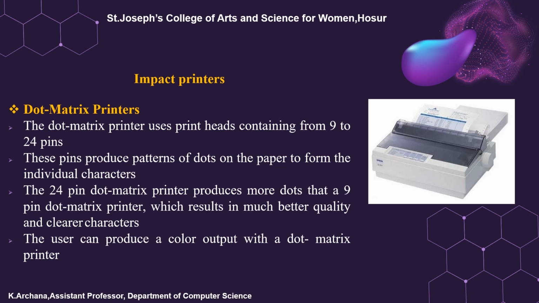The 24-pin dot matrix printer produces more dots than a 9-pin dot matrix printer, which results in much better quality and clear characters. The user can produce a color output with a dot matrix printer.